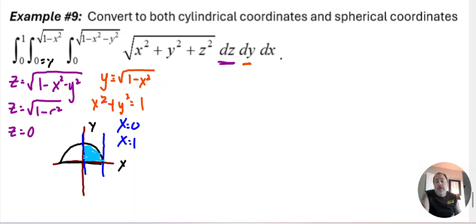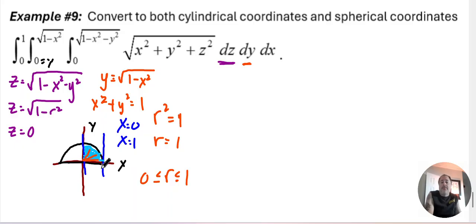Another thing we could have done is realize that x squared plus y squared is equal to 1, and therefore, as from before with z, x squared plus y squared is equal to r squared. So we get that even visually, but also with our equation here, that our outer bound is going to be 1. No matter where we look on this curve, our radius is going to be 1 on the outer bound.